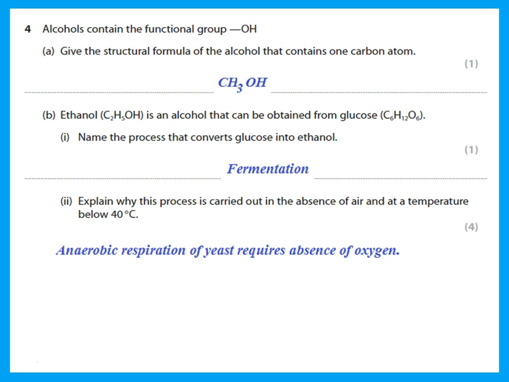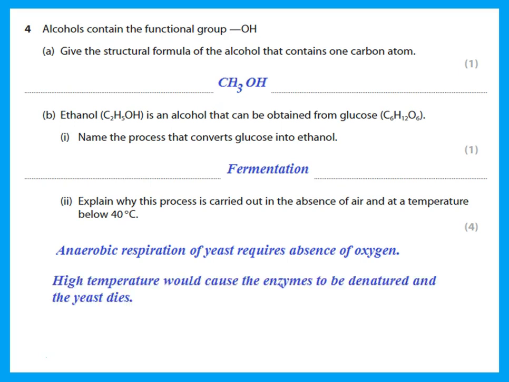First of all, it's in absence of air because the yeast does what we call anaerobic respiration, which requires the absence of oxygen. And in fact, if there is oxygen, then I will not end up with ethanol. I would probably end up with ethanoic acid, which is the oxidation product of ethanol.